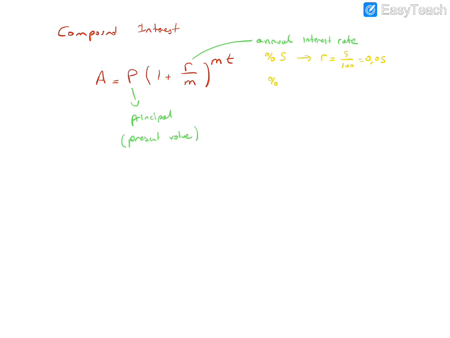If your interest rate is 25%, r is 25/100, which is 0.25. If your interest rate is 1.2%, r is 1.2/100, which is 0.012.